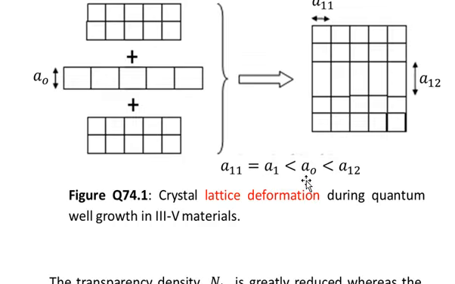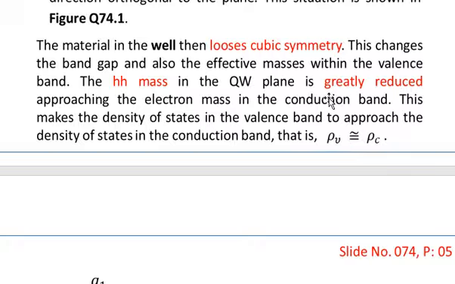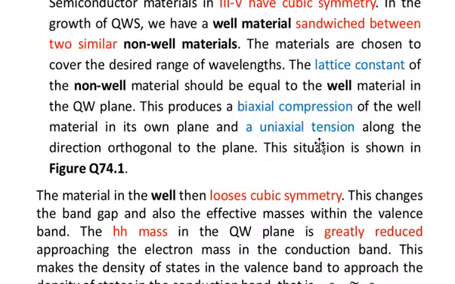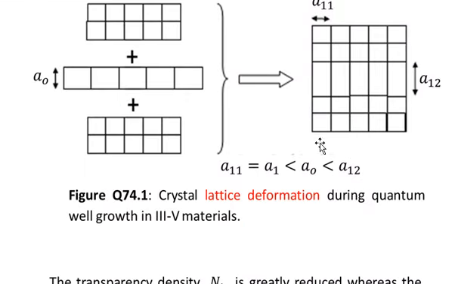Here A1 is less than A naught, that is a compression, biaxial compression. And along the orthogonal direction you can see that A12 is greater than A naught, that is the tension.